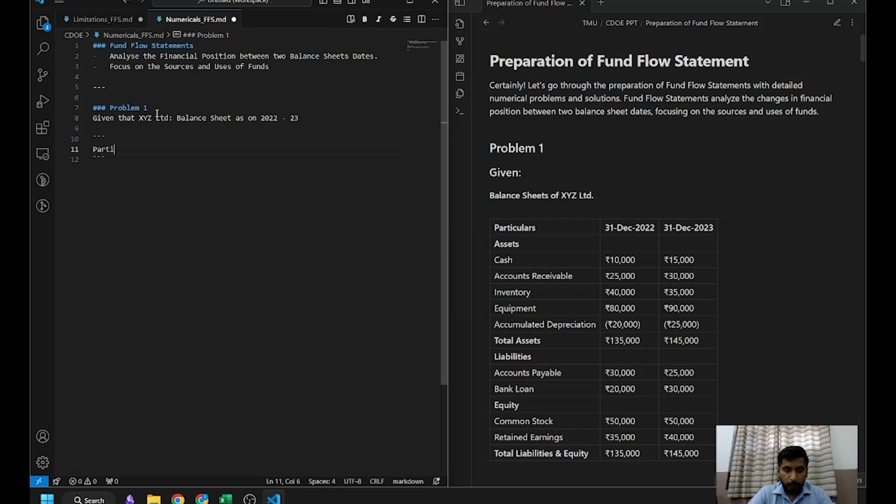So, first of all, particulars. Then we will have 31st December 2022 and 31st December 2023.